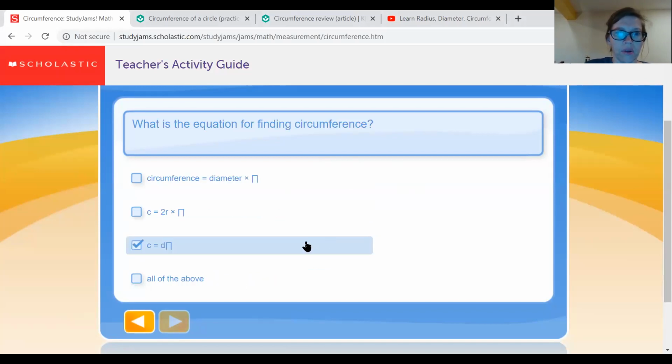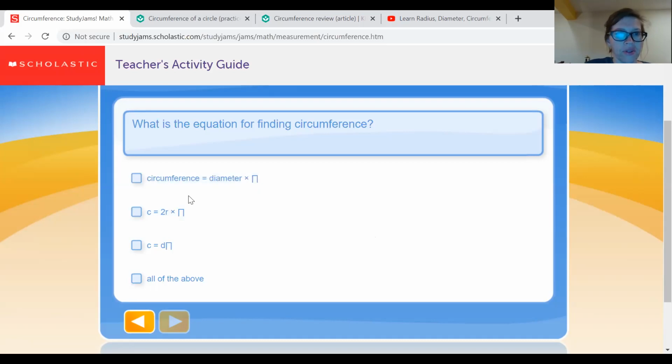All right, so our next question asks, what is the equation for finding circumference? Okay, this is question 2. This little strange looking symbol here is supposed to represent the pi symbol. The computer wasn't able to make it correctly.